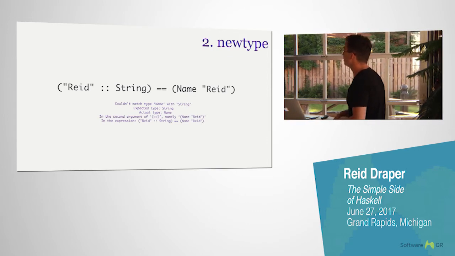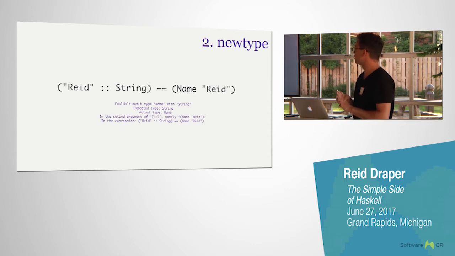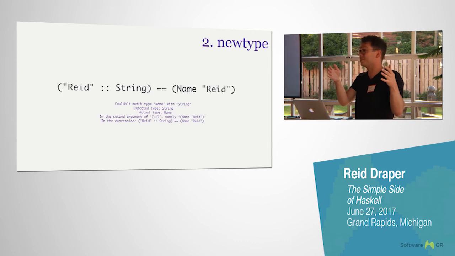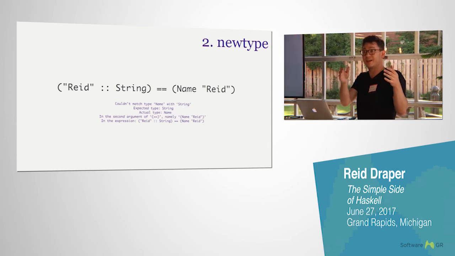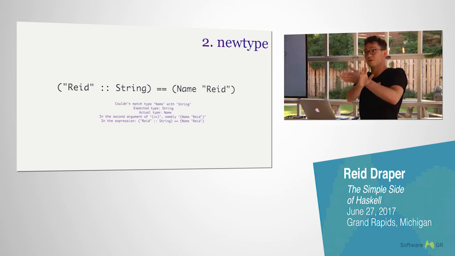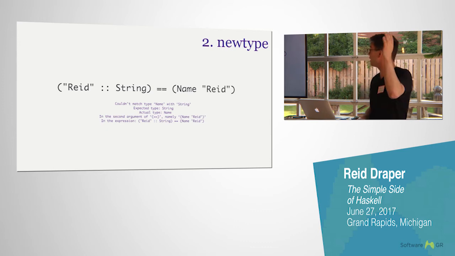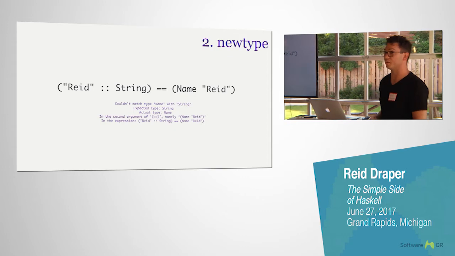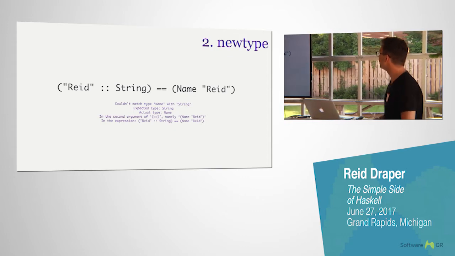So how many of you have ever called a function that has 5 arguments and they're all strings or integers, and you've flipped the arguments in the wrong order on one of them? I've done that a lot. This helps prevent that problem massively. We'll see an example of that.